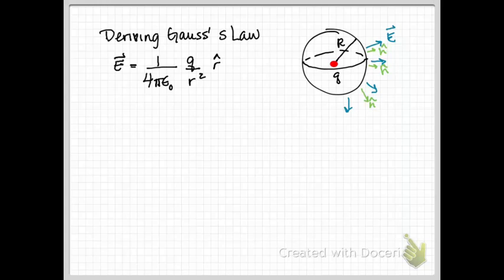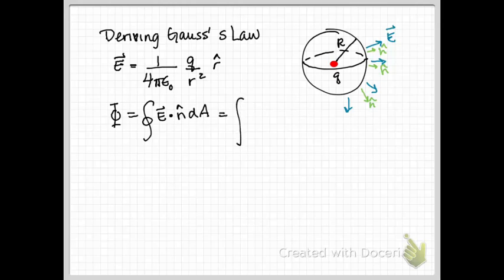And if we're asking what the flux is, it's going to be the integral over the surface of the sphere of the field dot product with that normal vector, dA. So let's look at plugging things in. The field is 1 over 4 pi epsilon naught, Q over r squared, r hat.